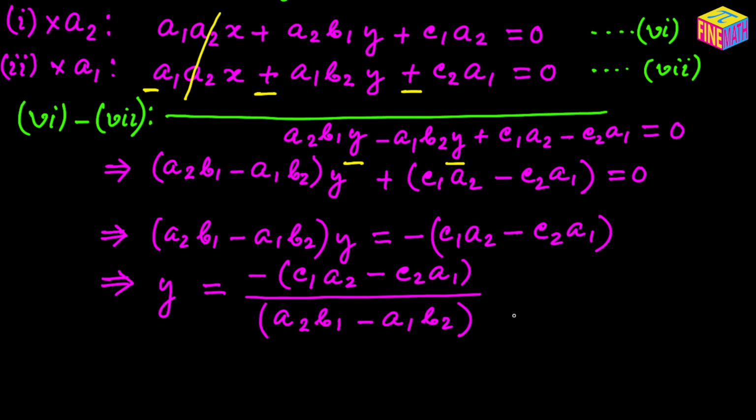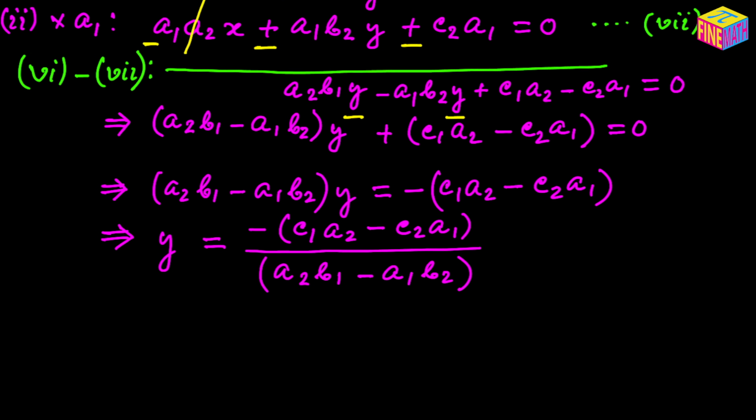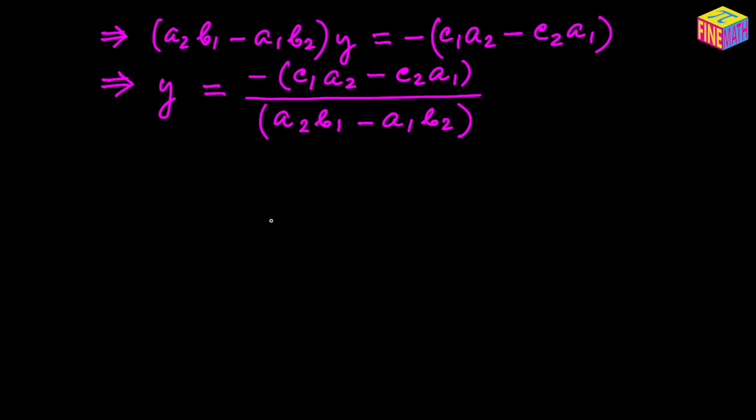Now let's simplify this a little more. We are going to multiply by negative 1 on both the numerator and the denominator. So the numerator becomes positive, that will be positive c sub 1 a sub 2 minus c sub 2 a sub 1. So that essentially does not change, only the negative sign disappears.